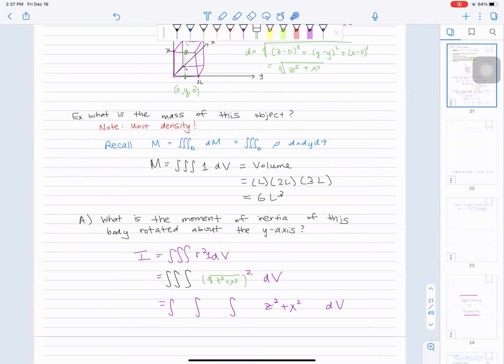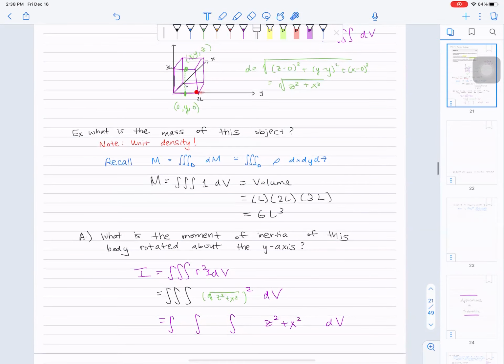Now, what are our bounds? Whenever you see some rectangular shape, like a square, a cube, or a rectangular prism, that's the nicest shape they could give us, because for our bounds we just have to look at the length, width, and height. The bounds for any cube-like shape will always be constants. That was Fubini's theorem, the rectangular version.